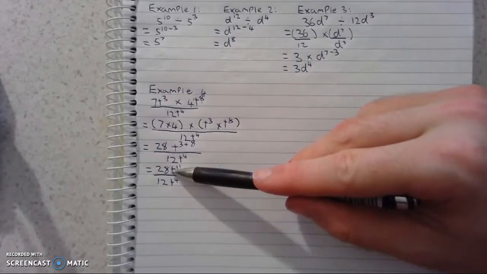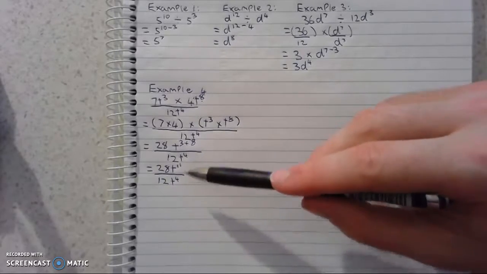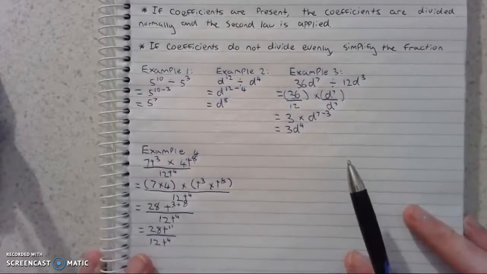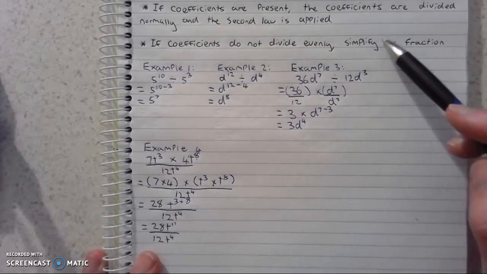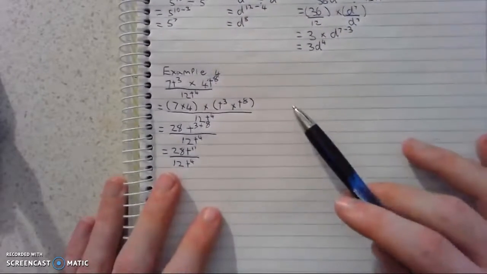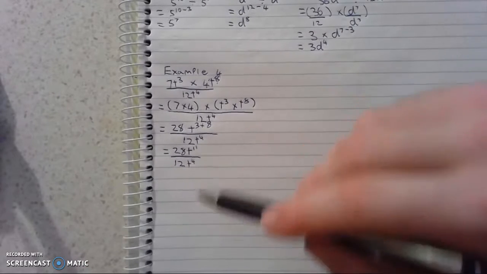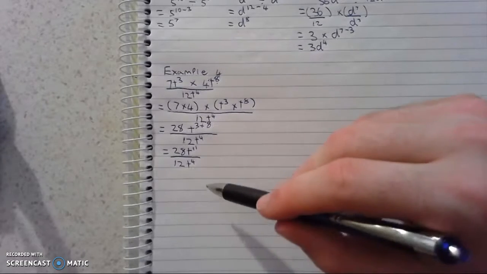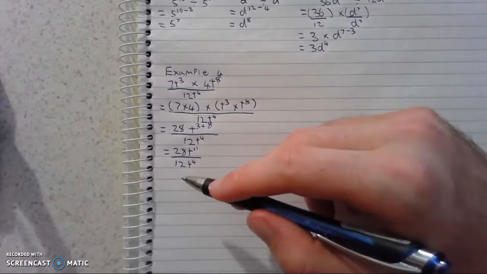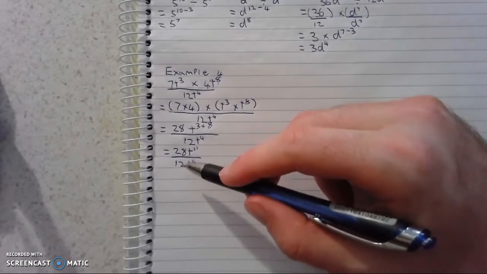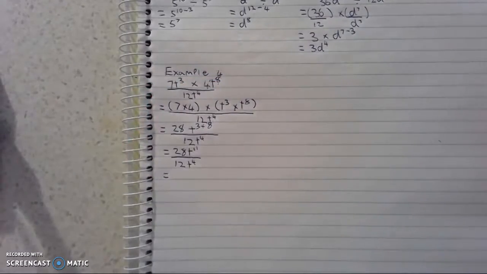Now what we have is just division, so we can apply the second index law. If we go back up here, it says if coefficients do not divide evenly, just simplify the fraction. So if we go back, does 12 go into 28 evenly? No, it doesn't. So we can't divide those two evenly, so we have to just simply simplify it. But we still use our second law to do that.